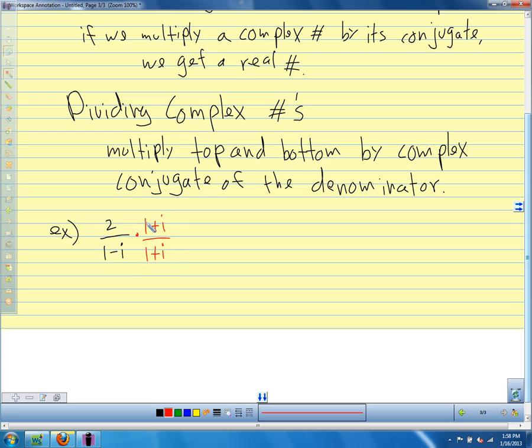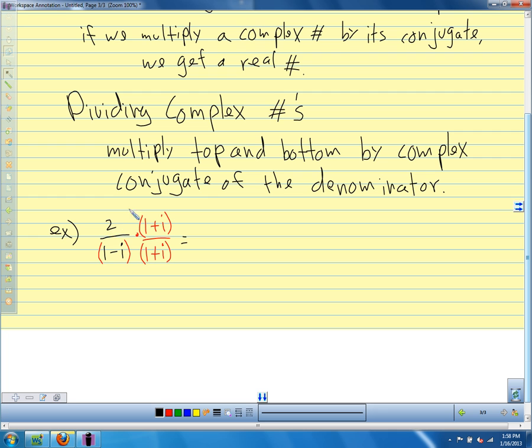And when I do this, I strongly suggest that you write parentheses so you remember that you have to multiply out these parentheses. Now we've turned this division problem really into a multiplication problem.